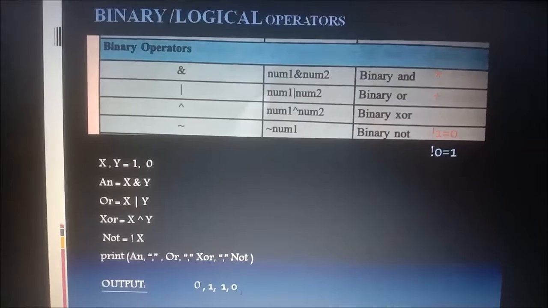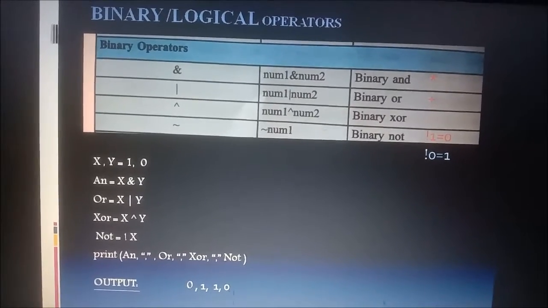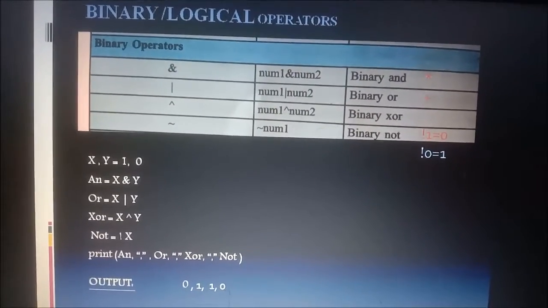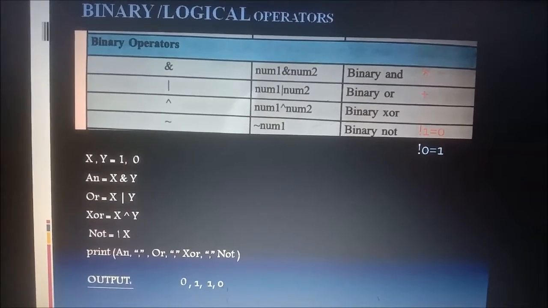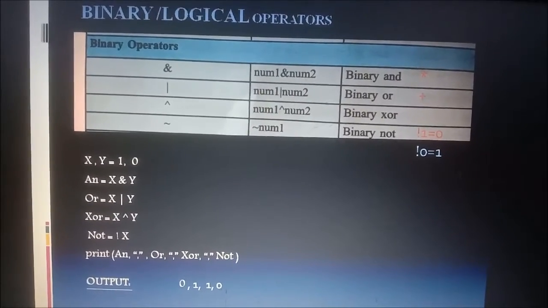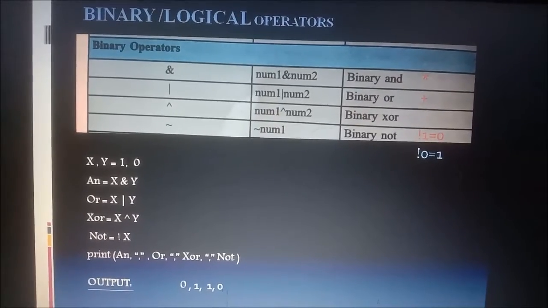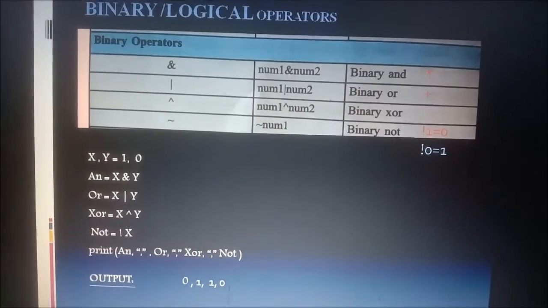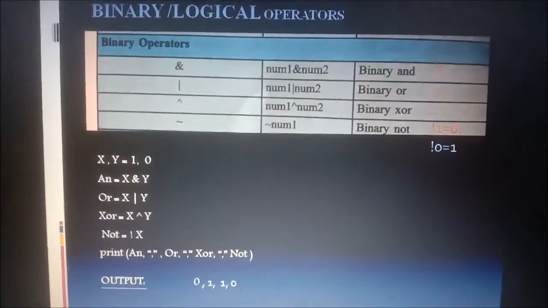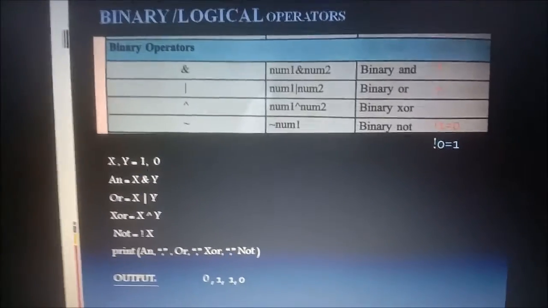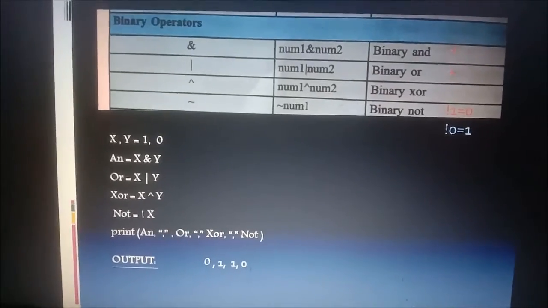Like here x is 1, y is 0, so x is true, y is false, so the total number of true inputs is odd. So it will produce a true output for XOR. So x XOR y will be true here, not false.